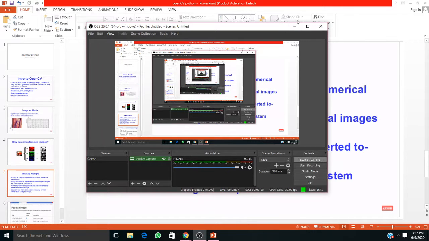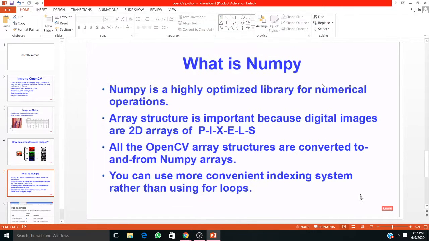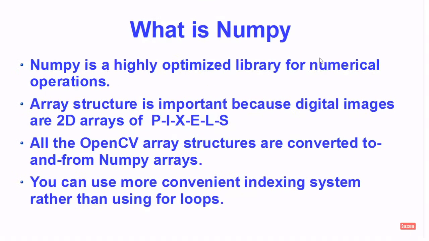Okay, so I will move forward. OpenCV array structures are converted to and from NumPy arrays. OpenCV is like an image that we have used. With the help of OpenCV, we converted the image into data form.